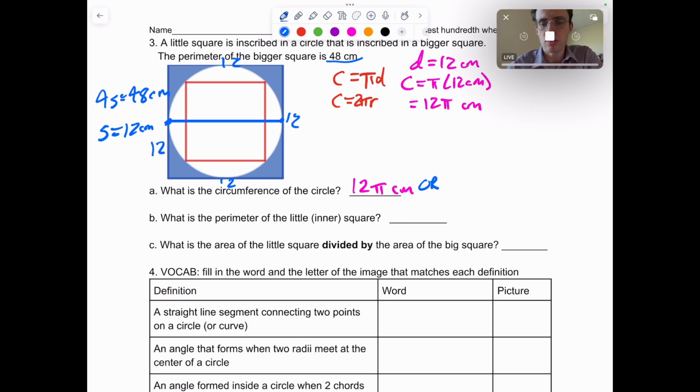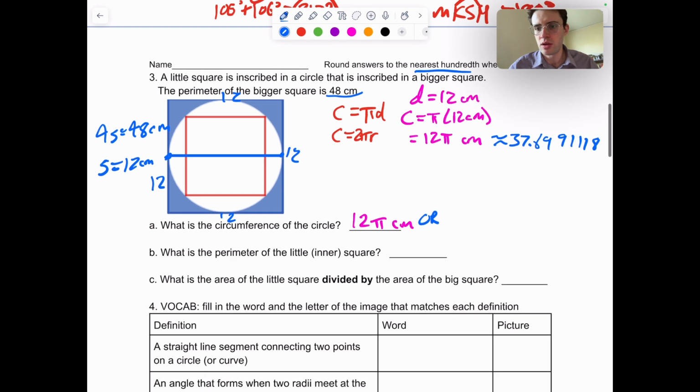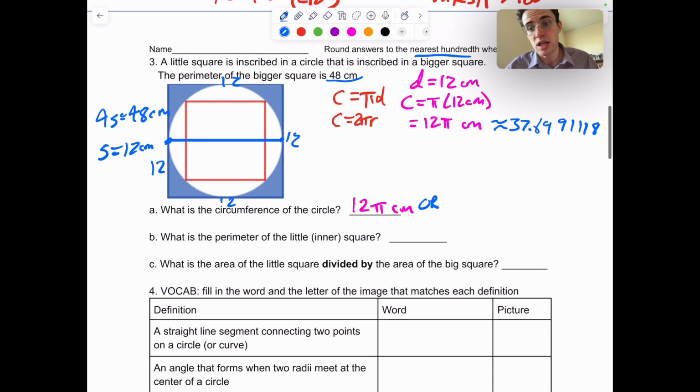Or if you'd like, you could also type that into a calculator. So I take my calculator here, I would write 12 times pi, and it gives me 37.699. This is about equal to 37.6991118, something like that. And on this, we're rounding to the nearest hundredth. So a lot of students here, because this rounds up, wrote just 37.7 as their answer.